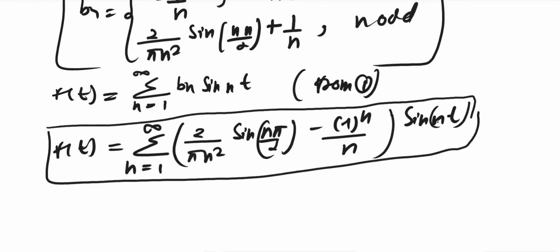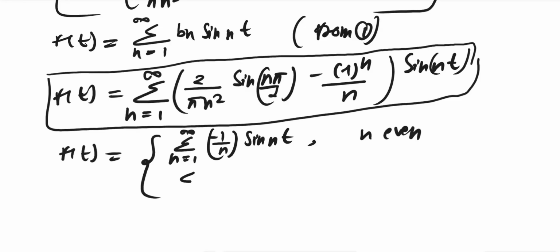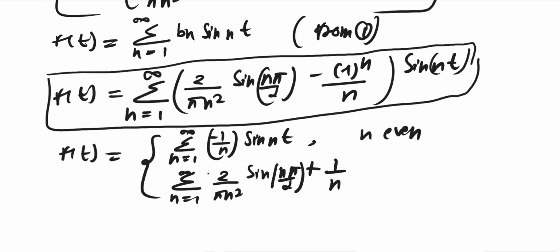Now, to write it in further simplified form, it is f of t is equal to summation n from 1 to infinity. In place of bn it is minus 1 upon n sine nt when n is even. For odd, it is summation n from 1 to infinity 2 upon pi n square sine n pi by 2 plus 1 upon n multiplied by sine nt when n is odd.